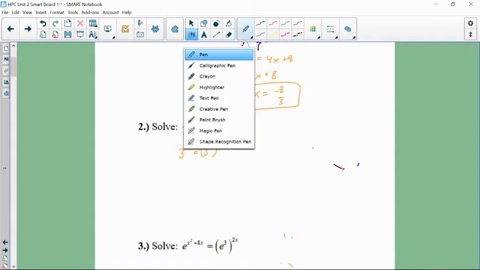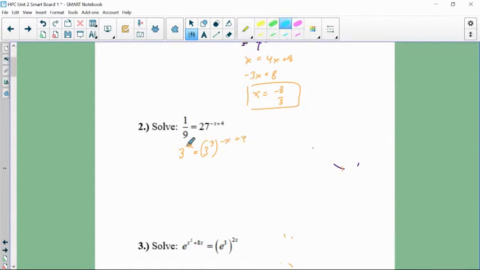So again, once you have the same base, so base 3, then the exponents must be equal to each other. So I know that negative 2 must equal the quantity 3 times negative x plus 4, or negative 2 equals negative 3x plus 12. So now, solving, we can subtract 12 to the other side. So negative 14 equals negative 3x. So x is equal to a positive 14/3.